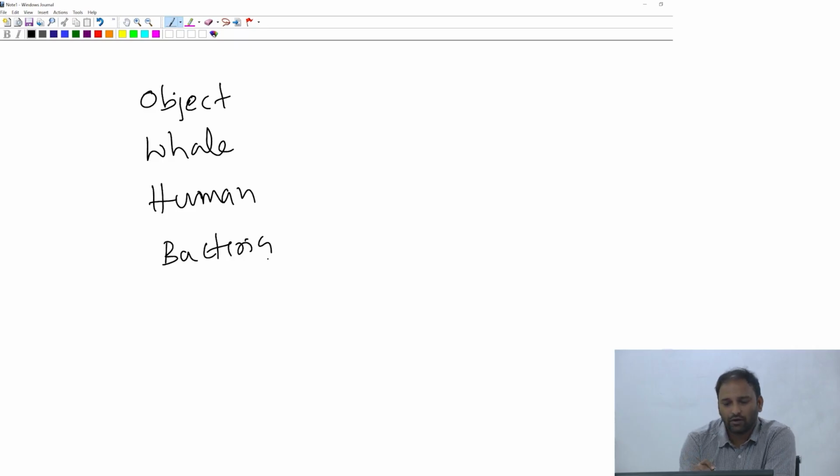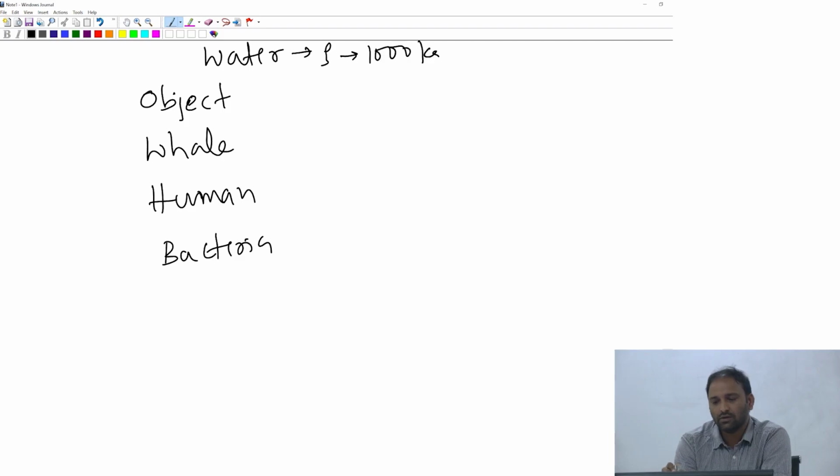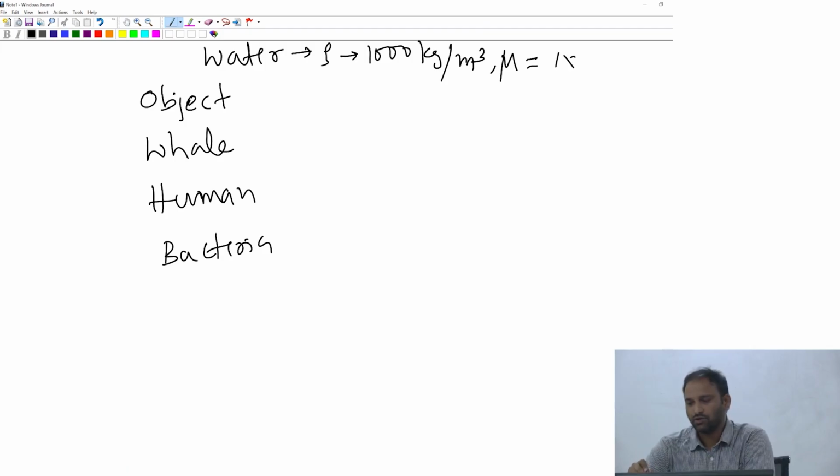They are all swimming in water. And the properties of water at ambient temperature: your rho is going to be 1000 kg per meter cube, the density of water, and your viscosity. What's the value of viscosity of water at 25 degrees centigrade? It is 1 into 10 power minus 3 Pascal second. That's your viscosity.